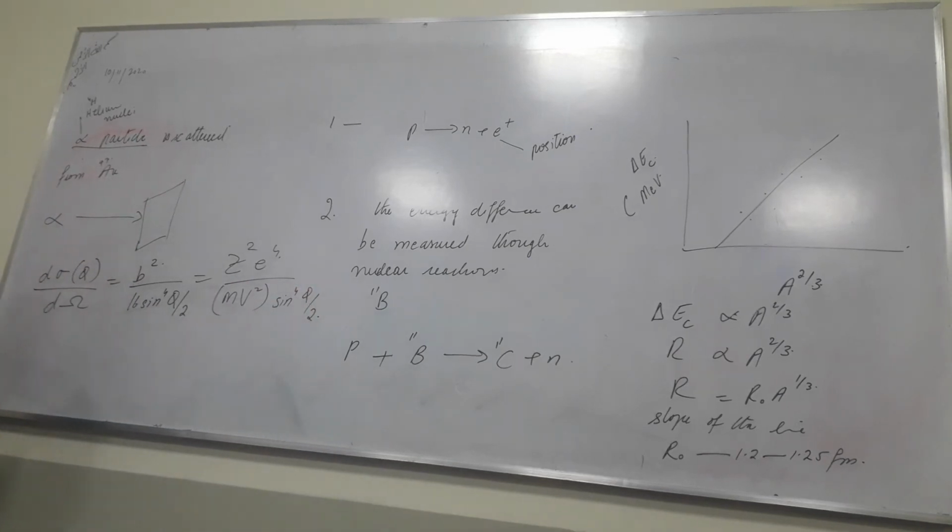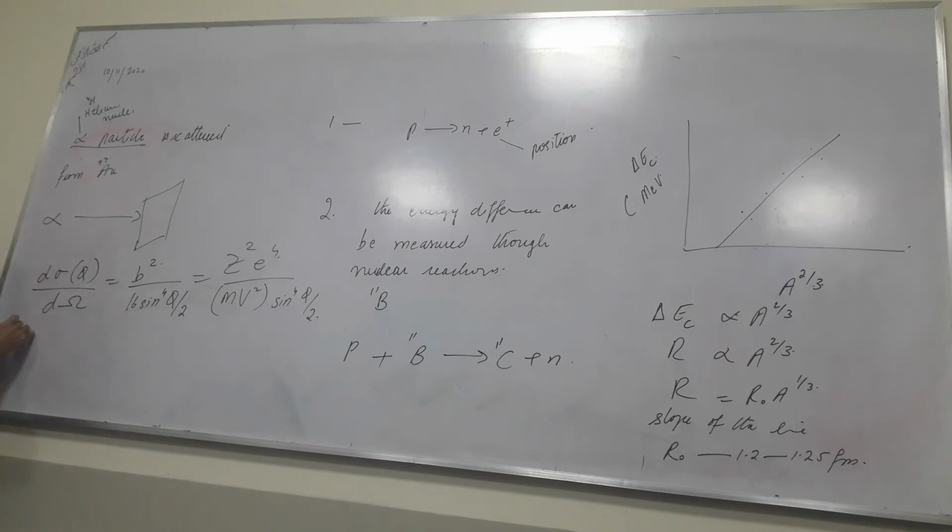So, in this case theta is the scattering angle. Okay. In fact, in some books you have theta and in some books you have phi. Okay. So, and sigma is known as the scattering cross section.